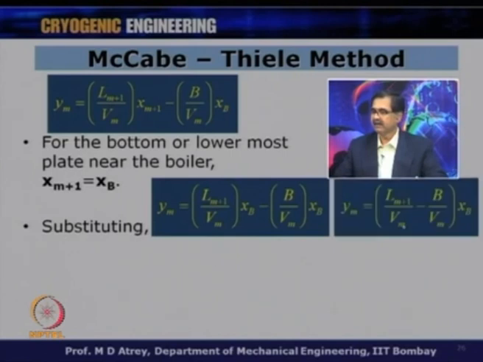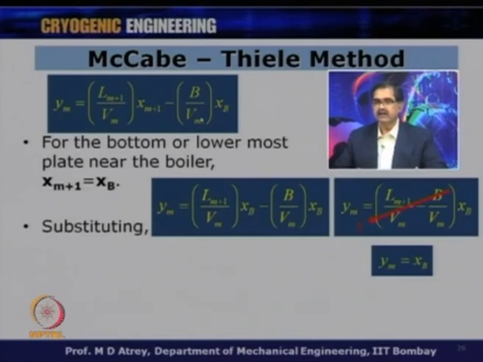Putting that, I will get Ym is equal to Xb. That means, this line again has Ym is equal to Xb or Y is equal to X at the bottommost plate. So, again this line will intersect the Y is equal to X line at the bottommost plate as we saw earlier. This is one point I will get.